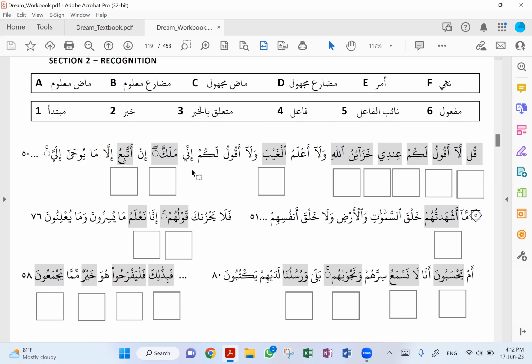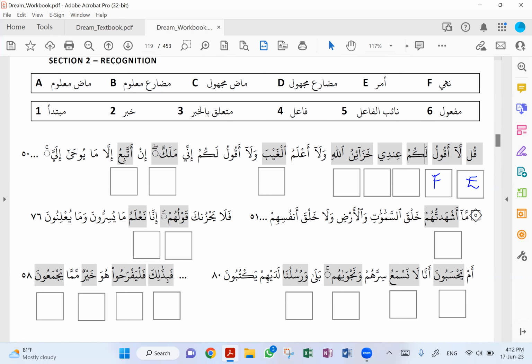I think this is more of a general thing, not necessarily negation as such. Oh, there is negation here. Okay, fine. So we have قل. What is قل? Amr, أمر. لا أقول, nahi. Of course they didn't distinguish between them.